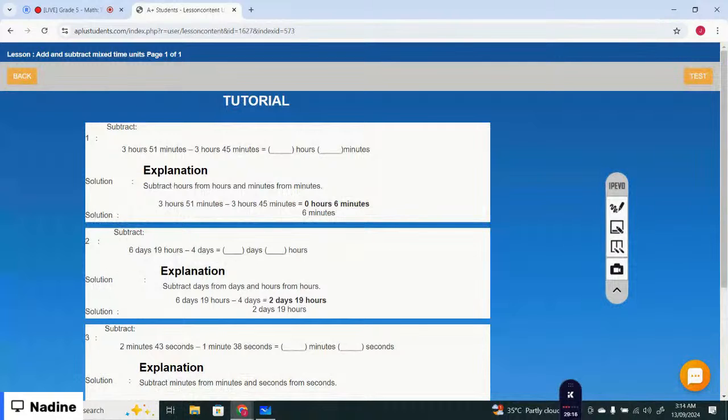When you are adding or subtracting time units, you always add or subtract the same units, right? You have to subtract hours from hours and minutes from minutes. So 3 hours minus 3 hours is 0 hours, and 51 minutes minus 45 minutes is 6 minutes. So you have only 6 minutes. Option number 2 is the correct option. Got it?